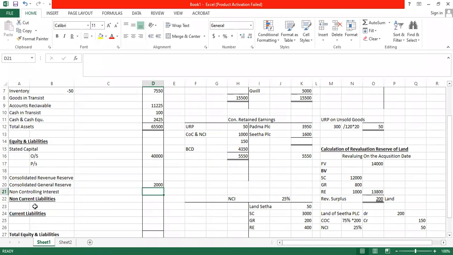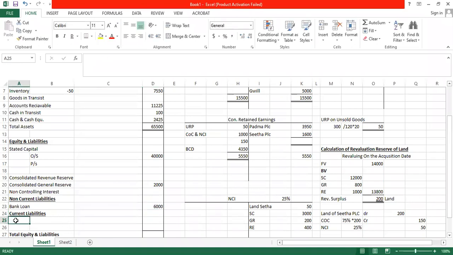Then non-current liabilities, there is a bank loan. Bank loan, there is no adjustment, so we can add the 5,000 plus 1,000, 6,000.